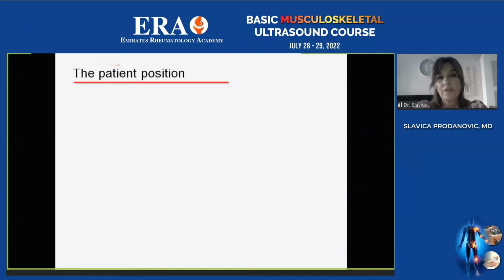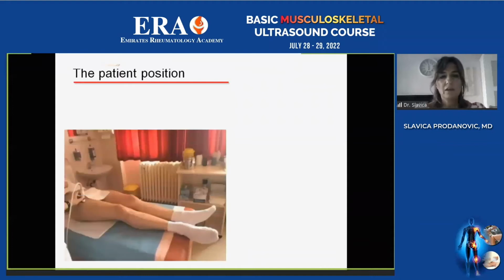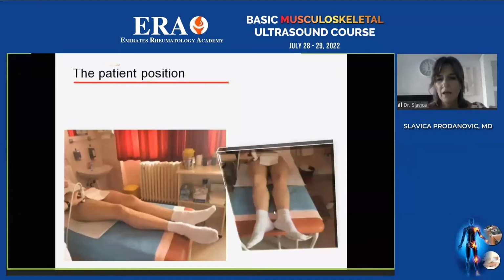The main thing when we perform ultrasound examination of any joint is patient position. In examination of the hip joint, the patient lies on his back. As you can see, the knees are fully extended and the heels are joined together.